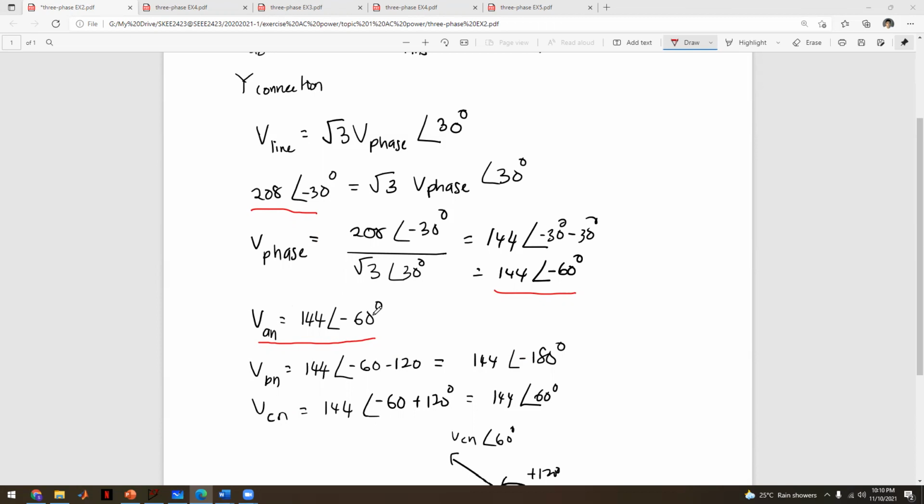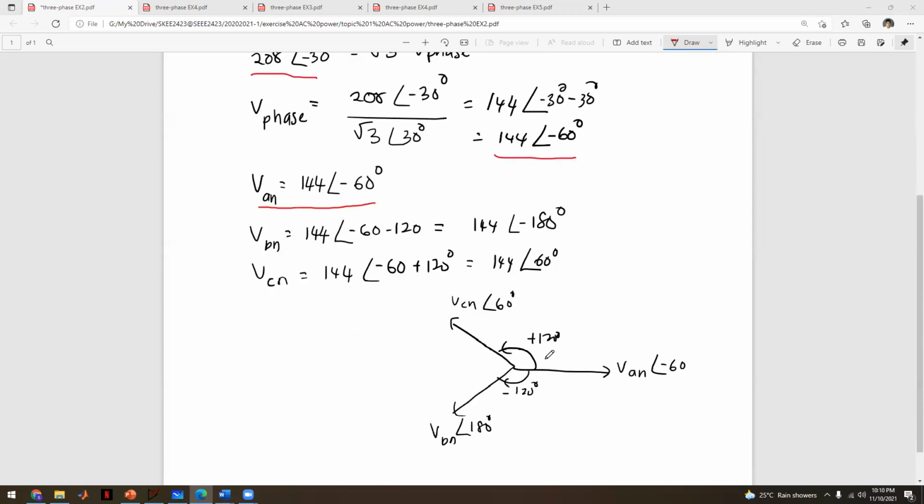To calculate phase B, since this is a balanced system, the magnitude still remains the same, 144 volts, but the angle should differ from VAN by 120 degrees. So your VBN should be 144 with an angle of negative 180 degrees.